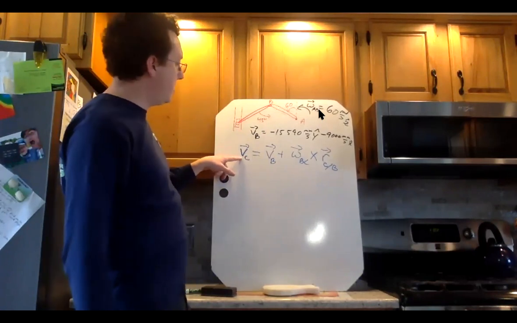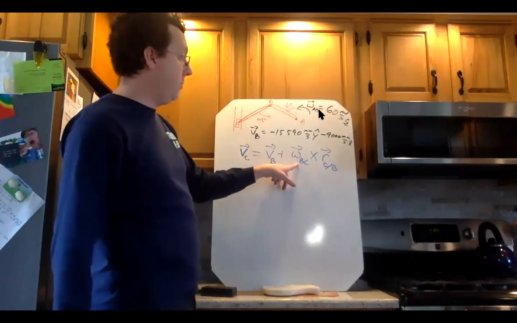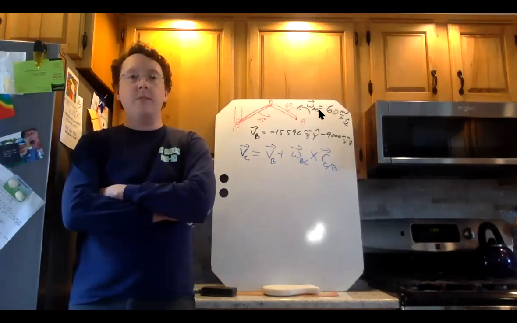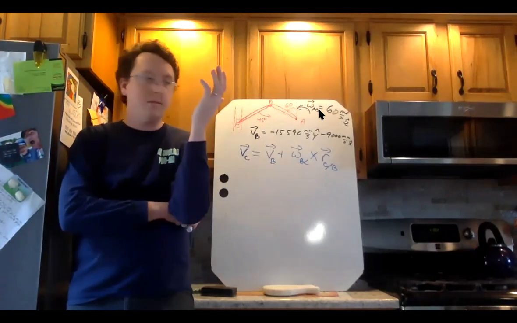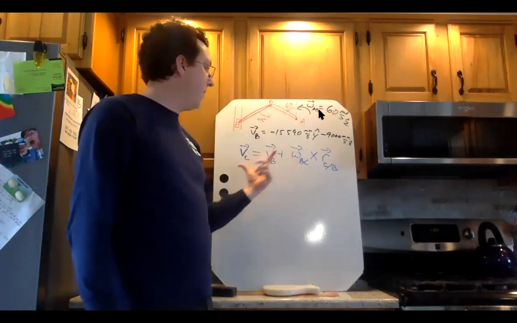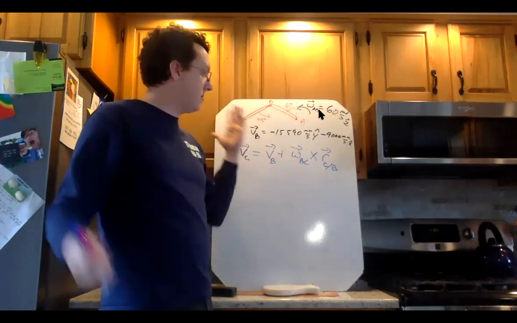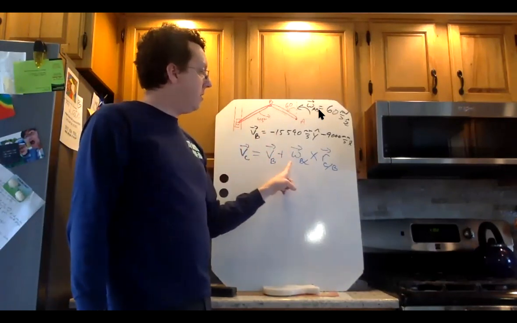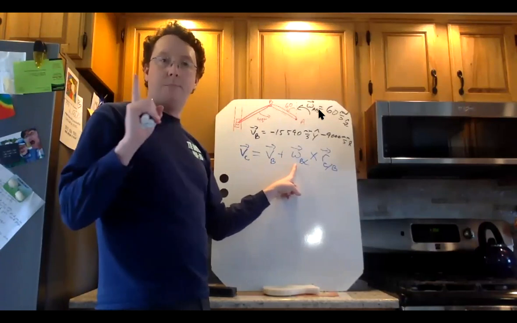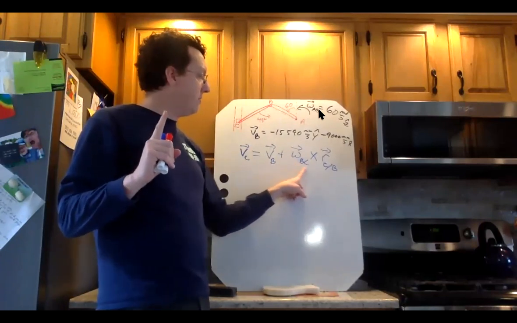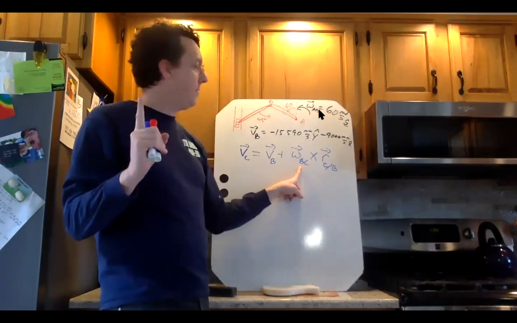We don't know the velocity of C, and we don't know omega. So you might think, well, this is a vector equation. I've got two components. I've got no chance to solve for two vectors. However, omega only has one piece of information because these are rotations in a plane. So even though I wrote it as a vector, that's really one number.